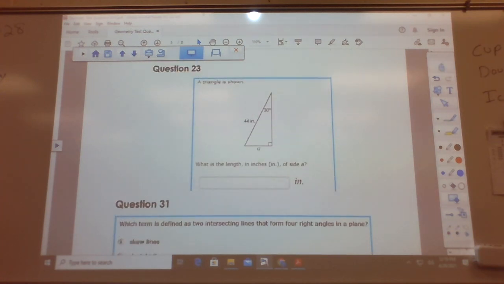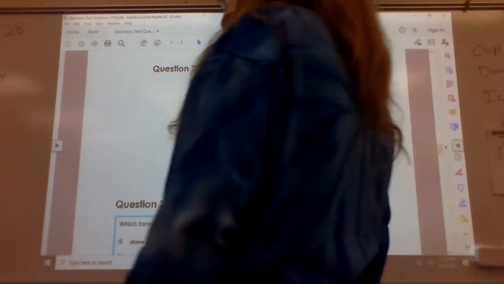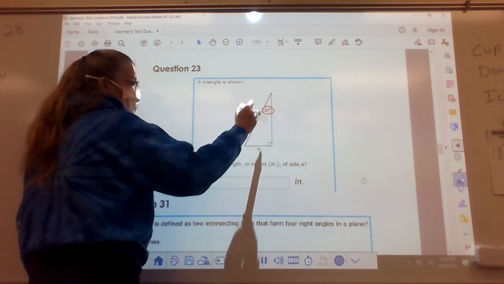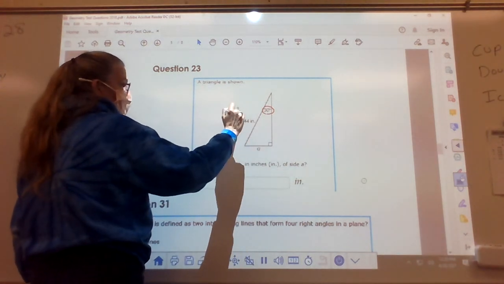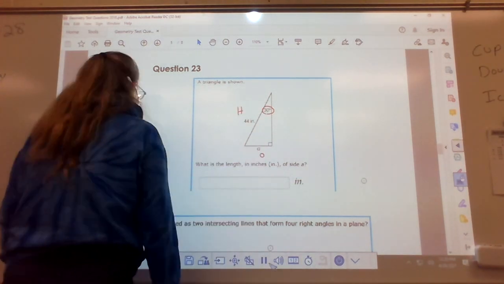Number 23. There are 2 ways I can do 23. I can either use trig or I can use special rights. I'm going to show trig first, and then I'll show you the special rights. Trig: I'm going from this angle. That's the angle they gave me. Longest side, hypotenuse. This one has to be opposite.